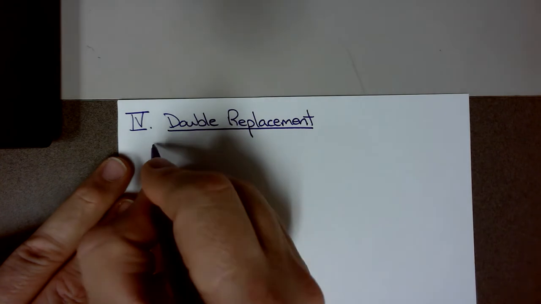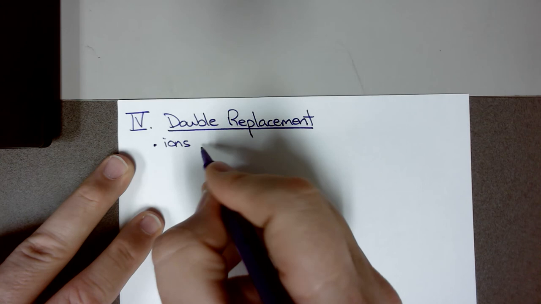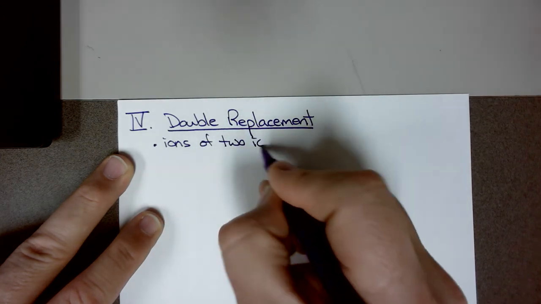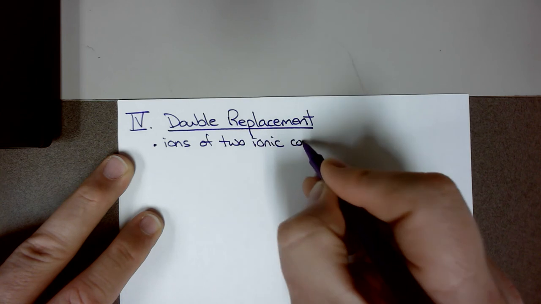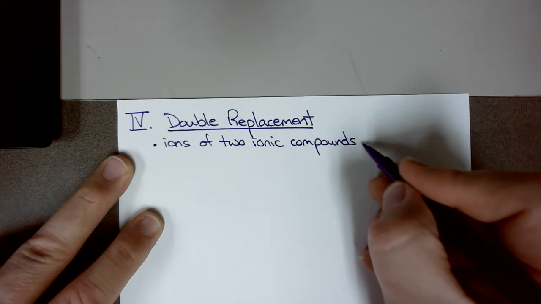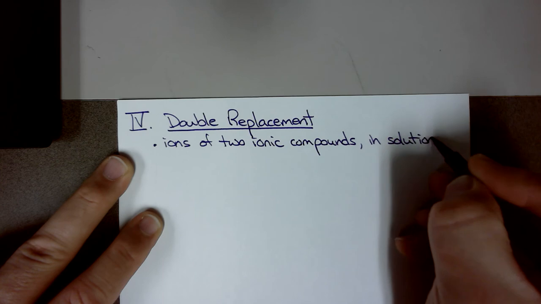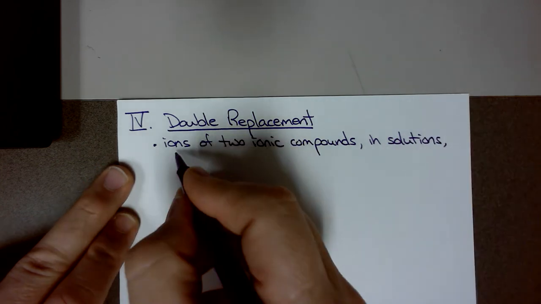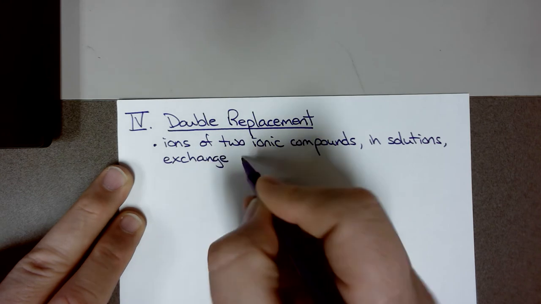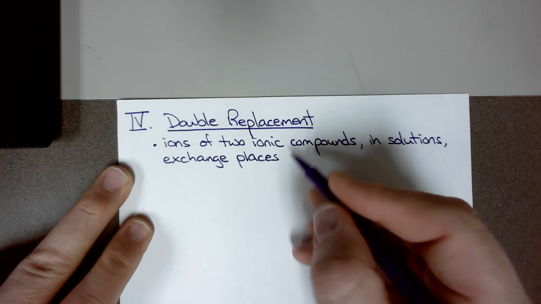And in this case, ions of two ionic compounds in solutions, so these are ionic compounds that are dissolved in water, exchange places, the ions exchange places to form two new compounds.